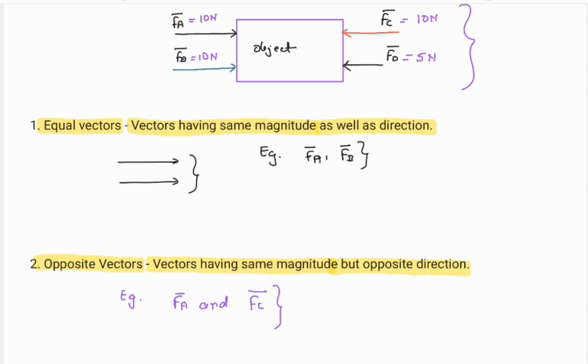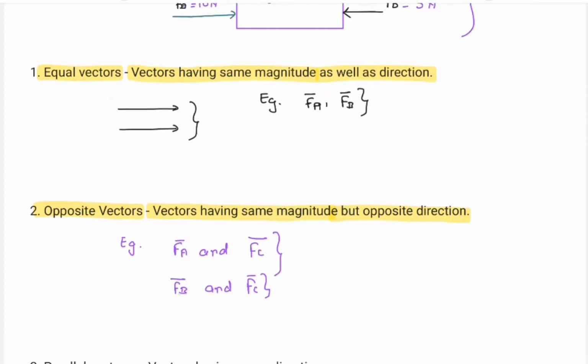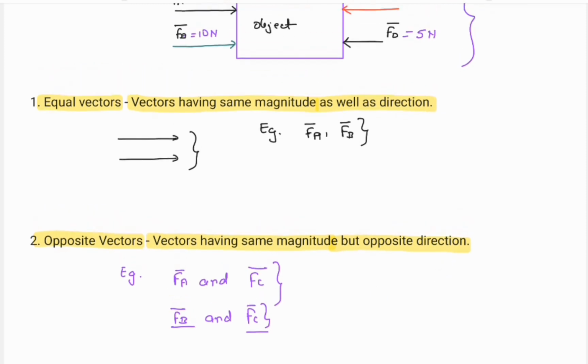Yeah, because both are having the same magnitude but opposite direction. Similarly, if you look, F of B and F of C are also opposite vectors. Why? Because F of B and F of C both are having the same magnitude of 10 Newton but opposite direction.